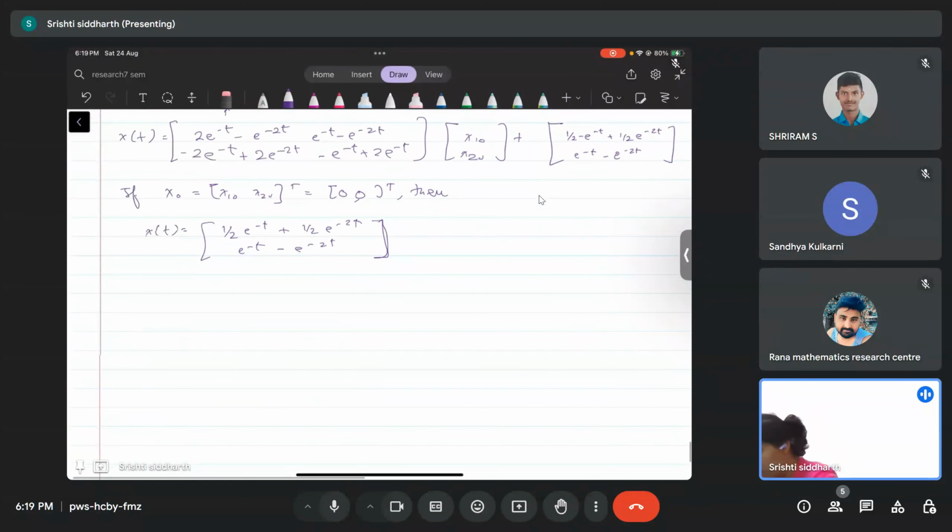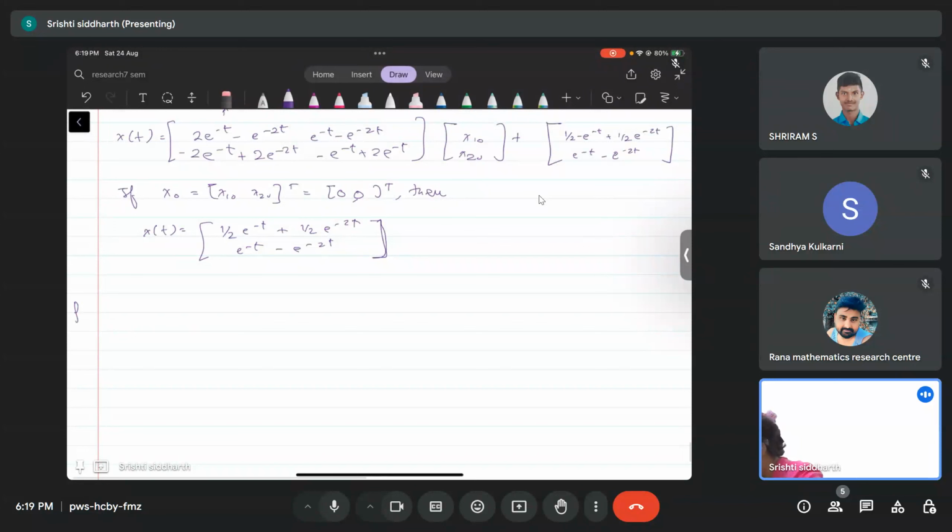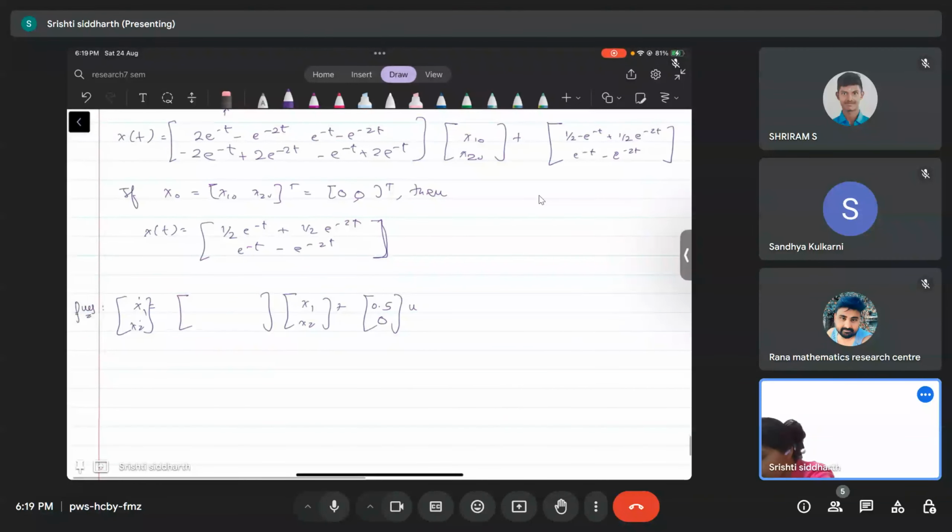Let's see another question. So again, we have a forced system. So x dot, x1 dot, x2 dot equals, and the initial conditions are given this time.